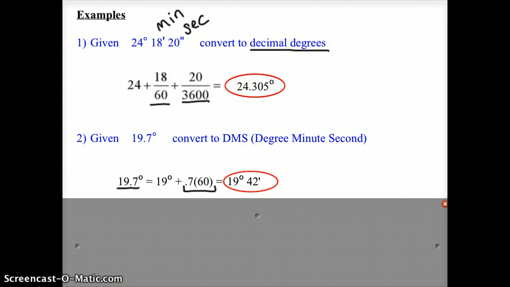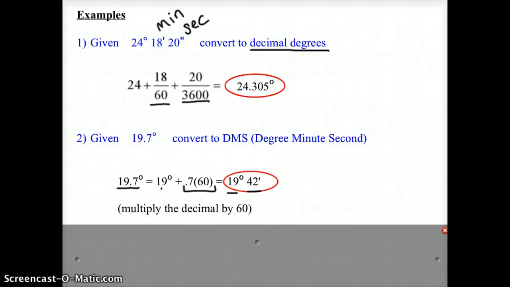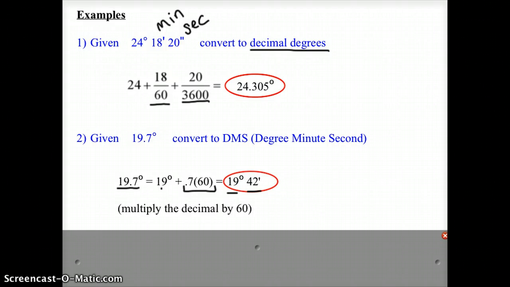I keep the 19 as my whole number, as is, but I take my decimal 0.7 and I times it by 60. When I do that, I get 42. So I have 19 degrees and 42 minutes. So, to remember, you always multiply the decimal by 60.